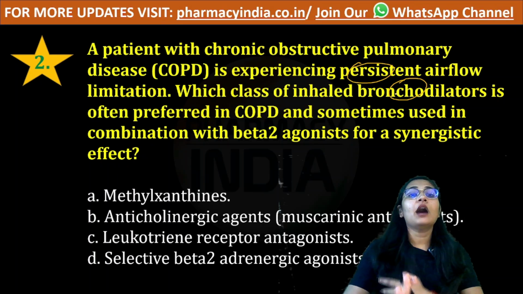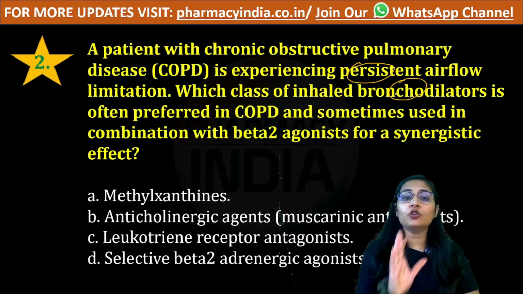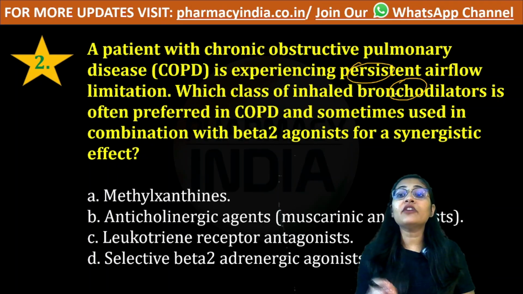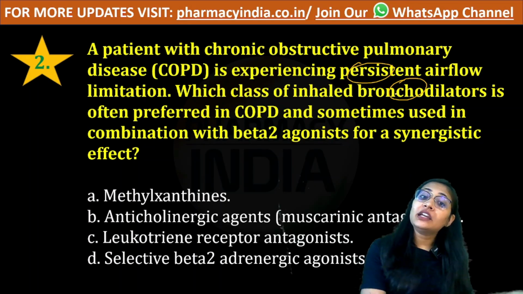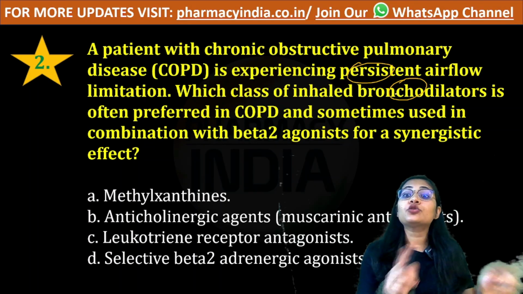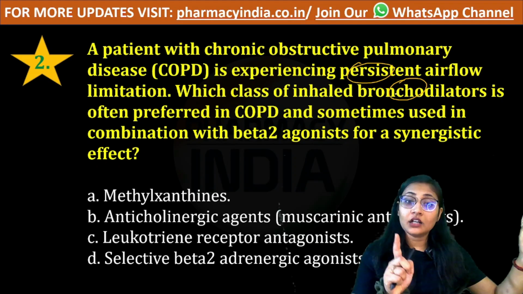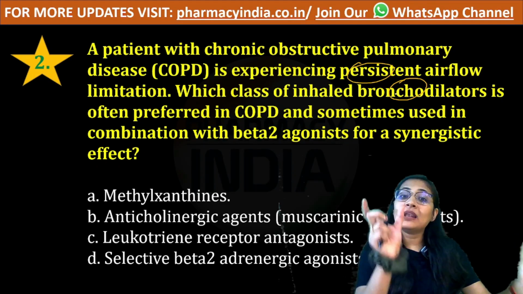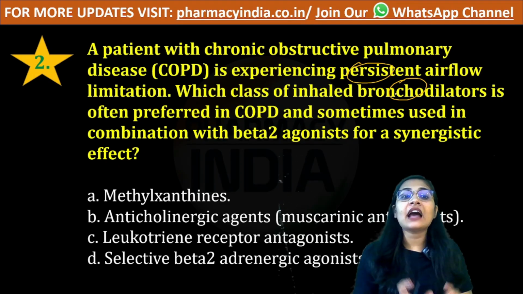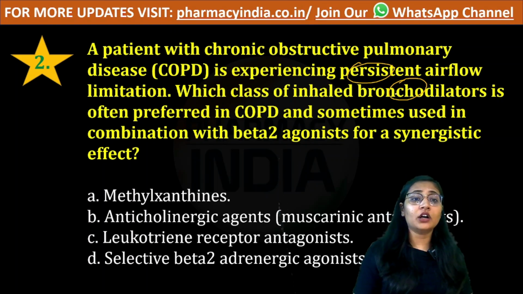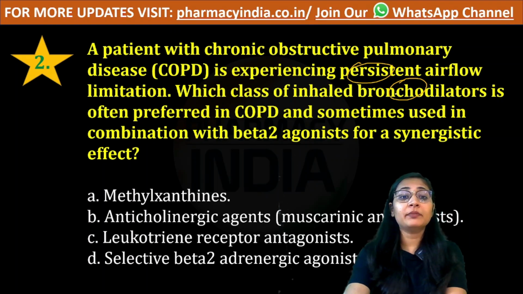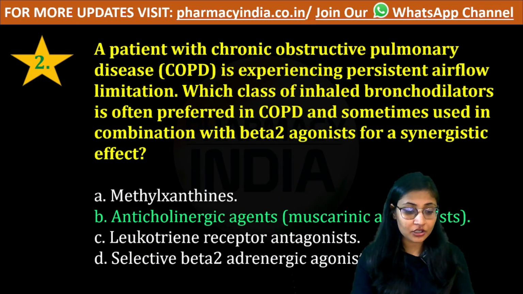So basically, a person is suffering from COPD, and we have to give a bronchodilator that can be inhaled and can be given in combination with beta-2 agonist, and both the drug plus beta-2 agonist would act with a synergic effect. The answer to question number 2 is option B, that is anticholinergic agent.